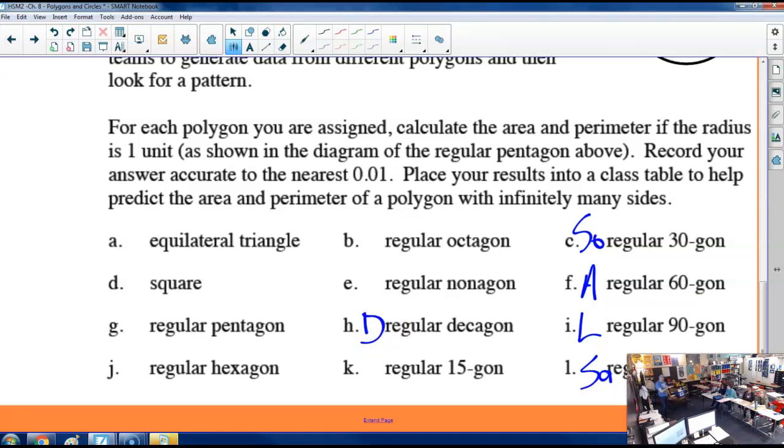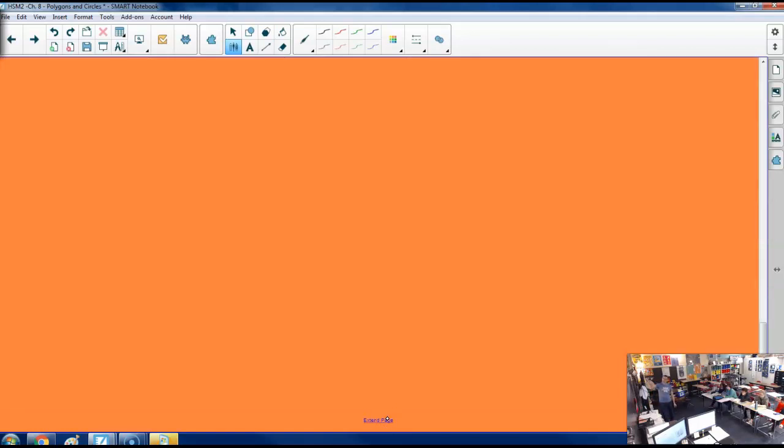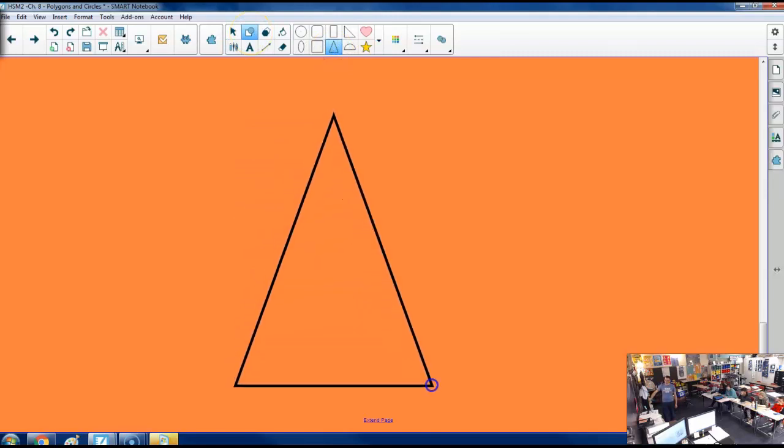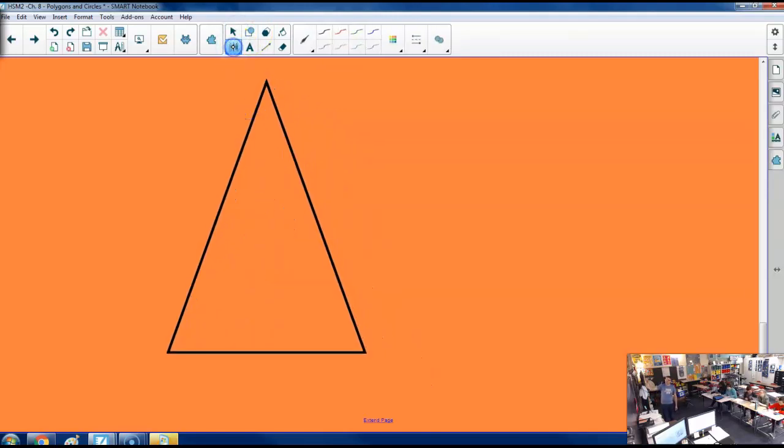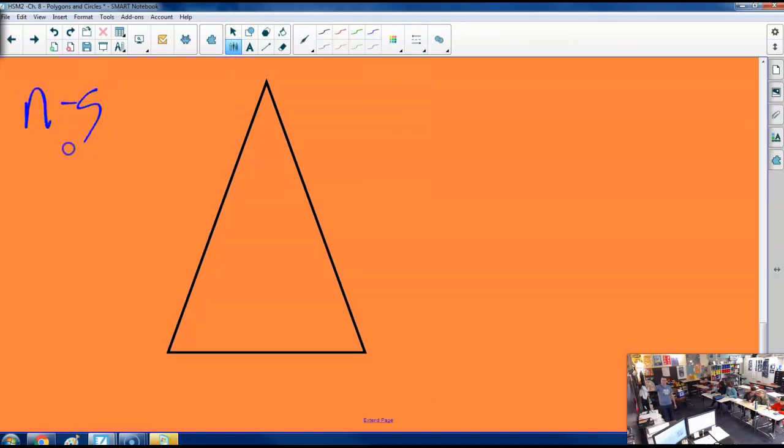So here's what each of you is doing. I don't care what triangle you pick, but I would pick an isosceles triangle and draw it on your paper. I would also notate somewhere. I'm just going to keep talking, and if you don't hear it, that's probably because you were talking.